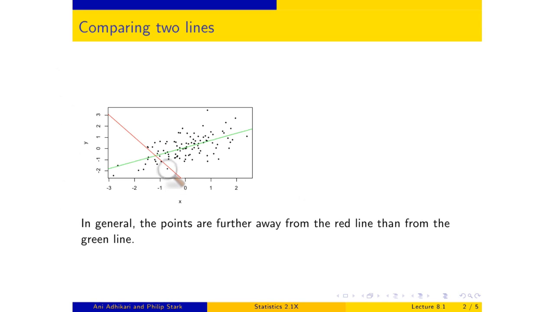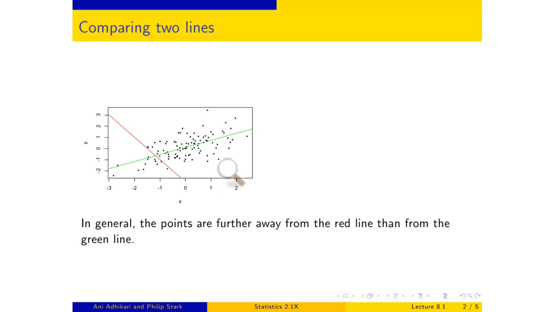I mean, it's true that some points, this one, for example, is closer to the red line than to the green one, as is this one. But by and large, if you look at all of these, they're very, very close to the green line. And even those that are far from the green line are much further from the red line.